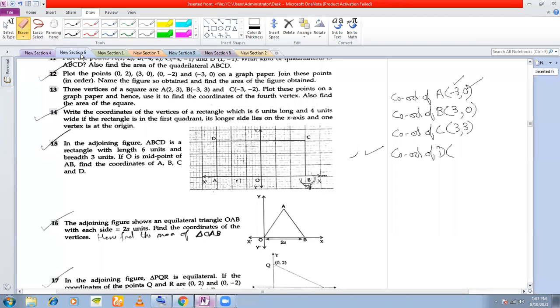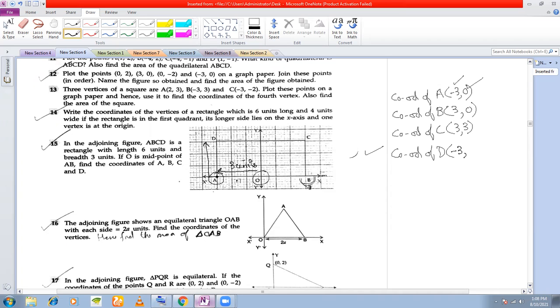Starting from O, if I want to reach D, I want to move in the negative direction, right? How many units am I moving? 3 units. In the negative direction, I am moving 3 units. Therefore, my x coordinate will be -3. Now, once I have moved 3 units in the negative direction, I have reached A. Now, from A, I want to move vertically.